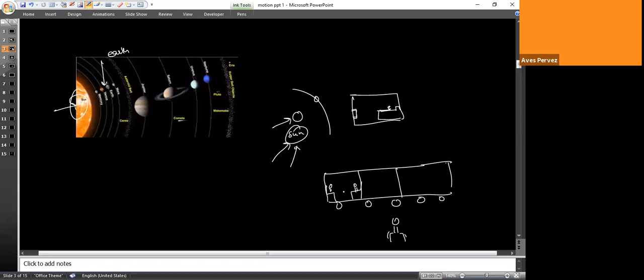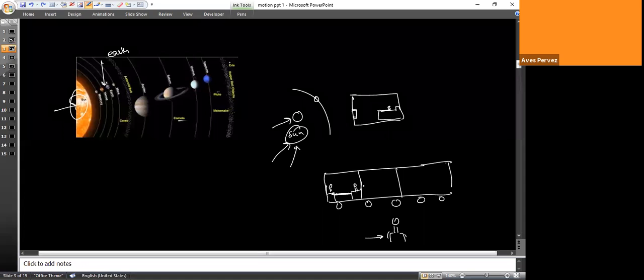Even if the train is moving, they are not in motion with respect to each other. But if a person is outside watching these persons, then they are in motion. So it depends on which reference point you are considering.